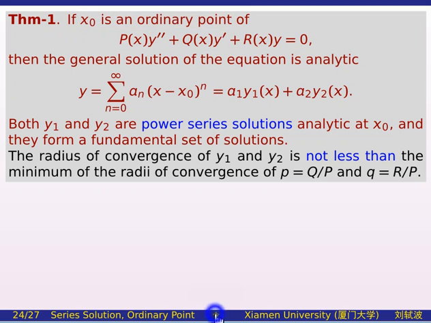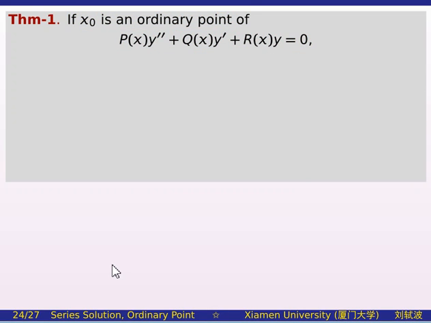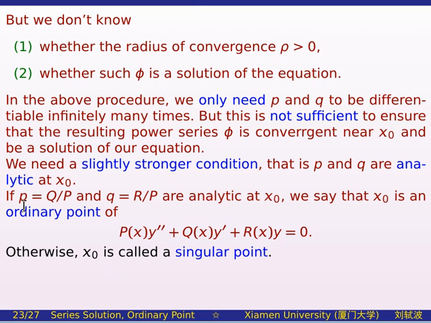By definition, this means that small p and small q are analytic at x0. In other words, small p and small q can be expressed by a power series about x0. As they can be expressed by power series, they have corresponding radii of convergence. For p we have a radius of convergence rho 1. For q we have another radius of convergence rho 2.